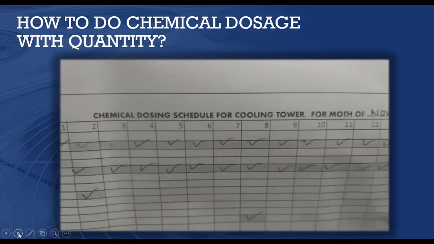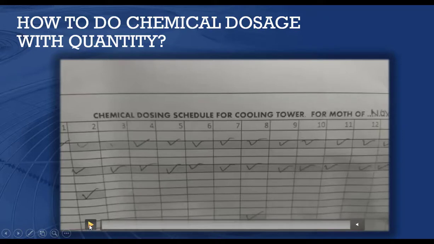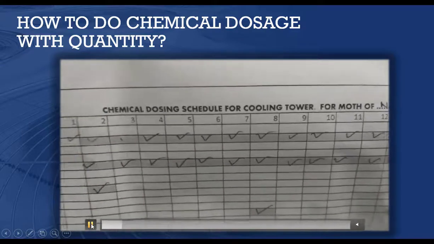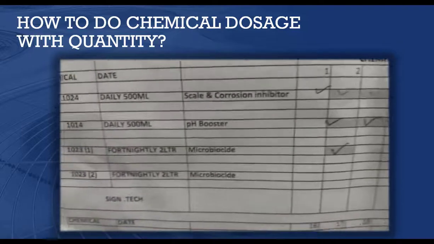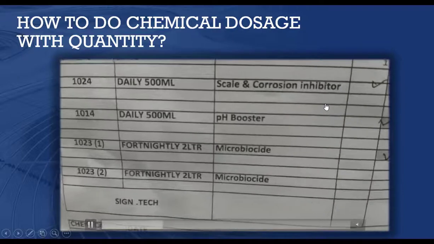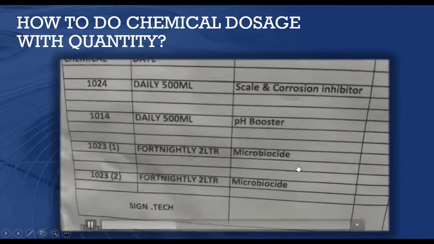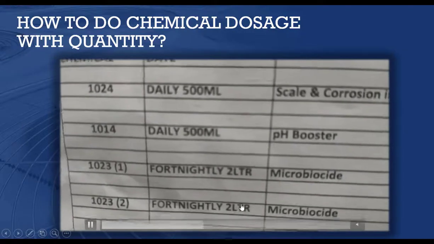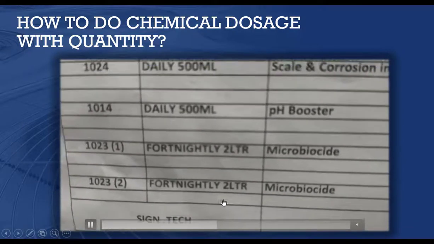Now, based on the water quality, you have to add chemical dosing in the cooling tower circulation water. Here we will see what chemicals are required for the cooling tower. Daily you have to use the scale corrosion inhibitor and pH booster, and microbiocides as required based on the water quality.